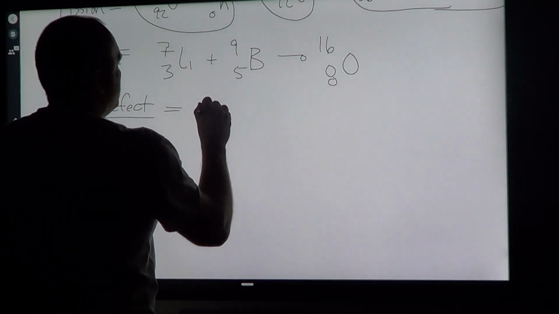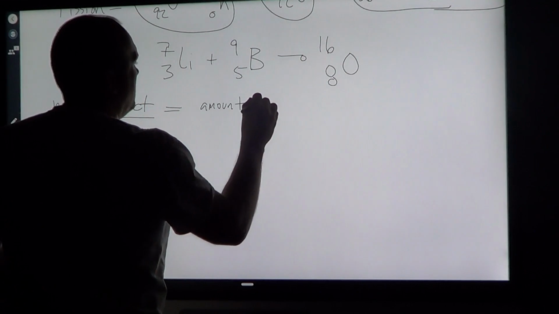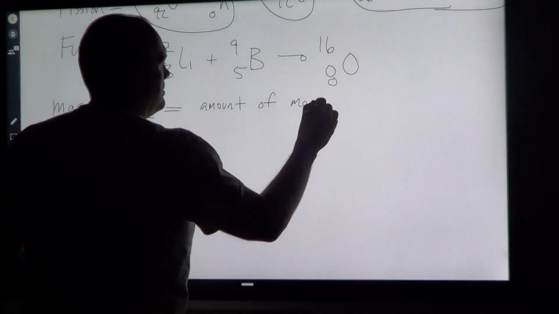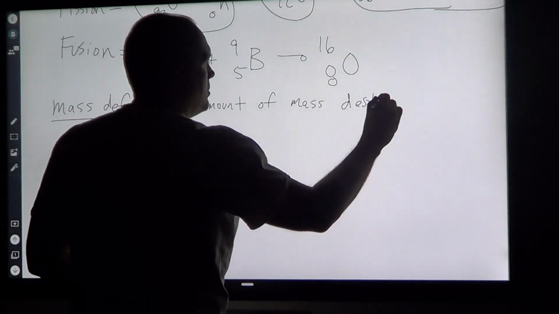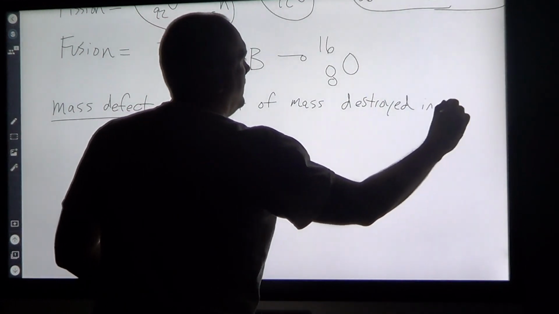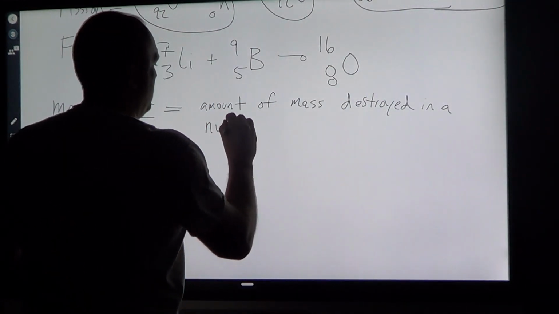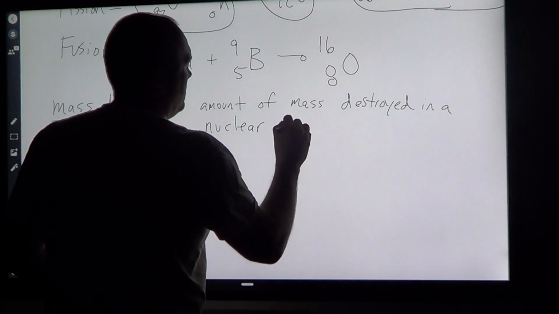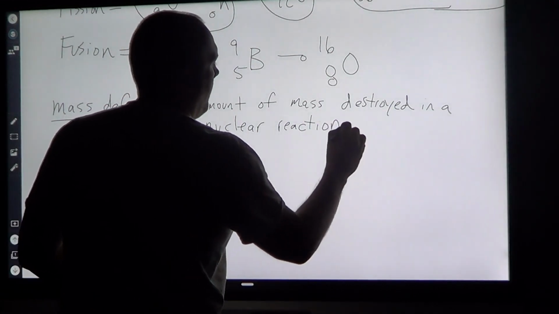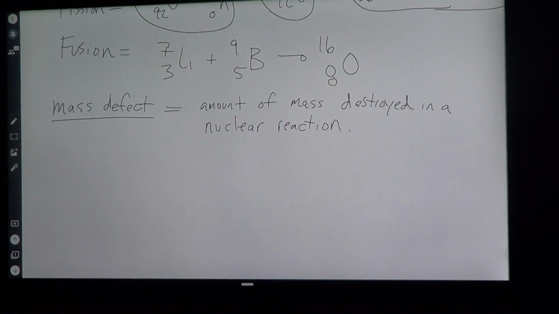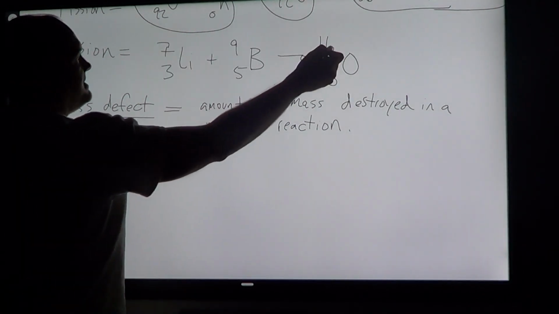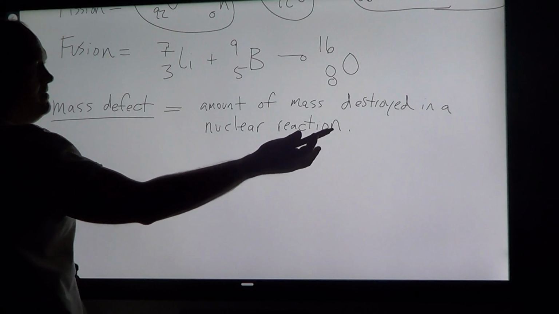So it's the amount of mass destroyed in a nuclear reaction. Okay? Notice how up here, 7, 9, 16, those are all whole numbers.